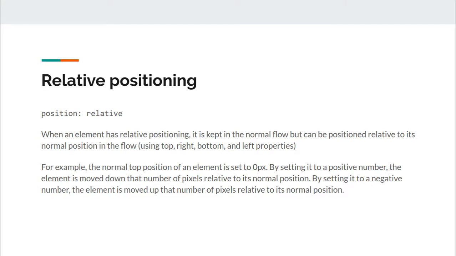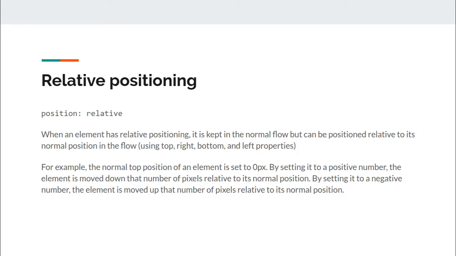So if it's right up against the left side, then we can set it to relative positioning, and set left to 10 pixels. That's going to push it over to the right 10 pixels from its normal left position. And we can use negative numbers also to move it to the left versus to the right.